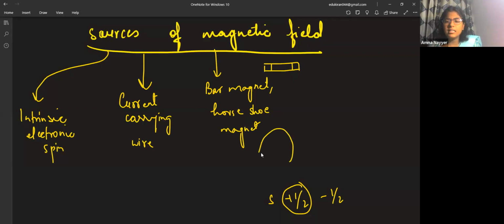You must have seen this type of magnet. This is a horseshoe magnet. I think in your physics labs this magnet is present. Usually it is there in the labs.